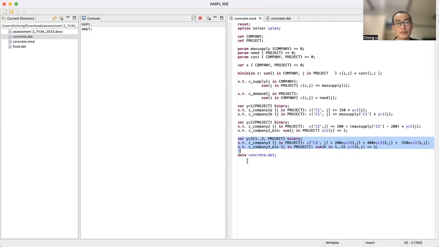This is the situation of company C3. So YC3 with two variables in it means whether company 3 is going to supply concrete package 1, 2, or 3 to the specific project G, and now we need to run the model.